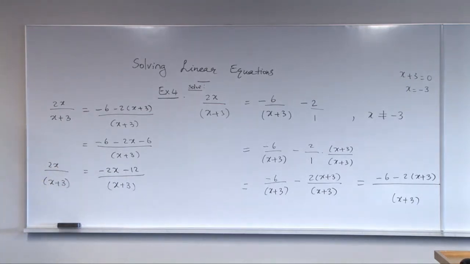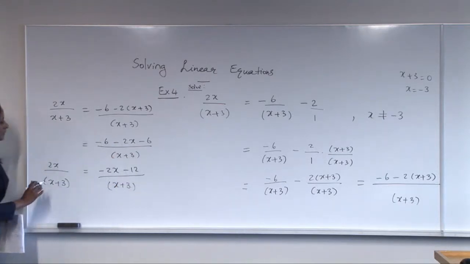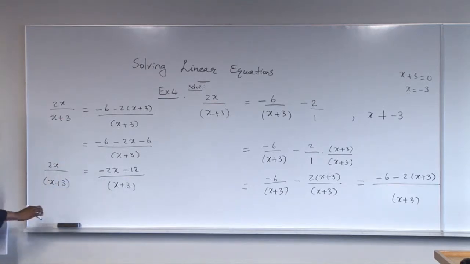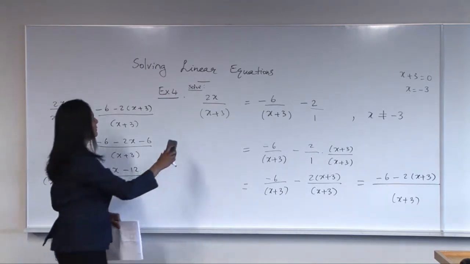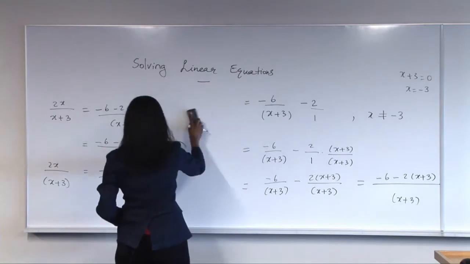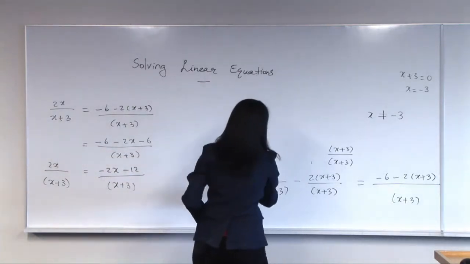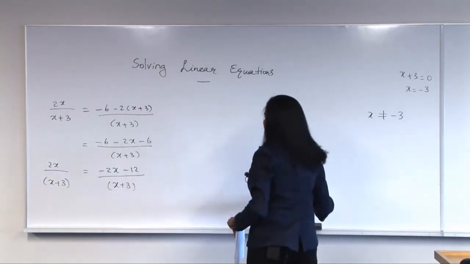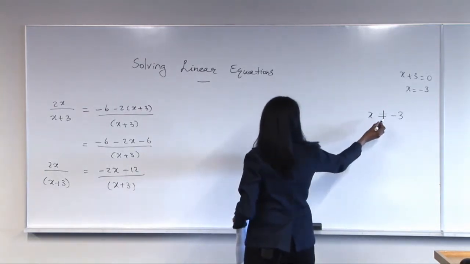Now you see, we have x plus 3 in the denominator here and there, just one term on each side. Now we can eliminate the denominators by multiplying both sides by x plus 3. So you get 2x is equal to negative 2x minus 12, and I'm going to keep this right here.